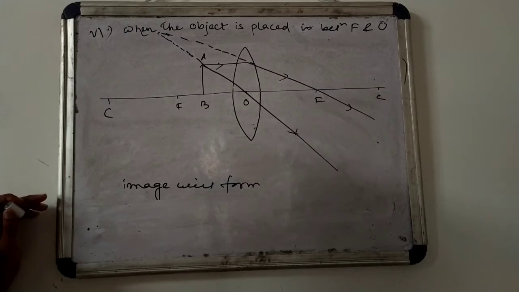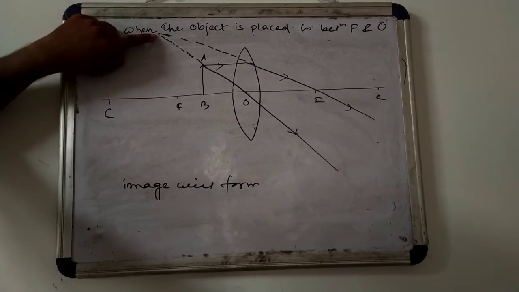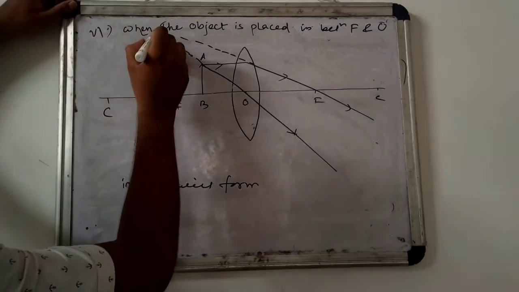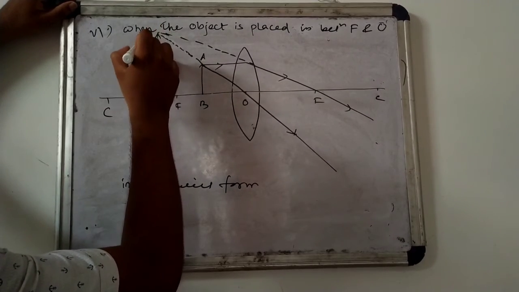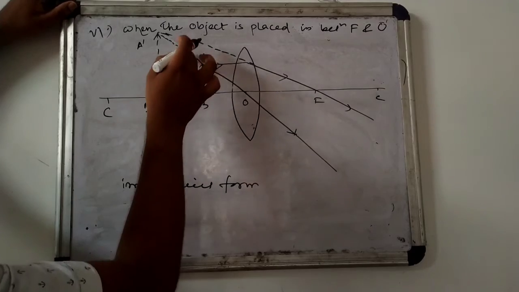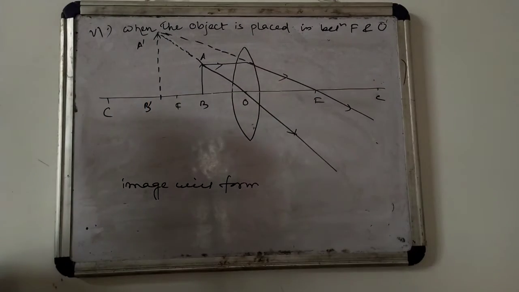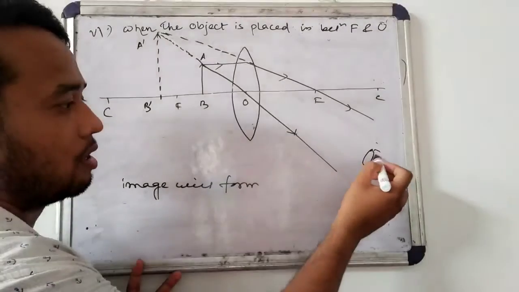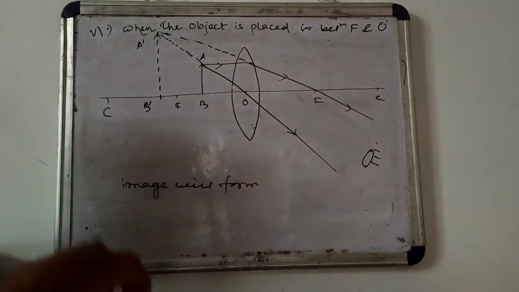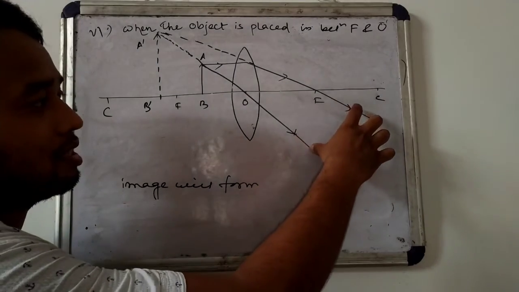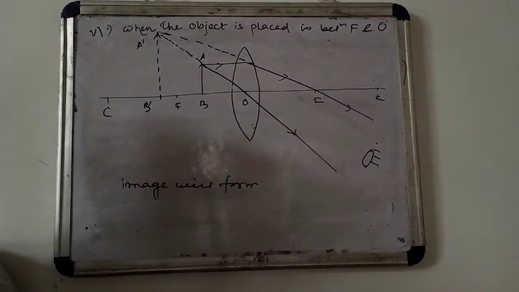So these two refracted rays will meet at a certain point like this. So in this case, image will form here. So this dotted line is not the actual line, these are imaginary lines. If we look from this side, we'll see that the image is from here, or these two refracted rays are coming from this point.